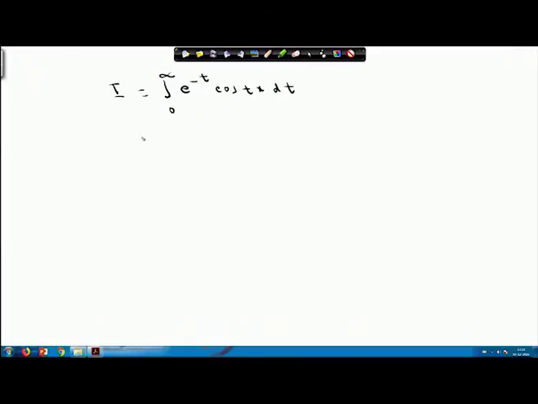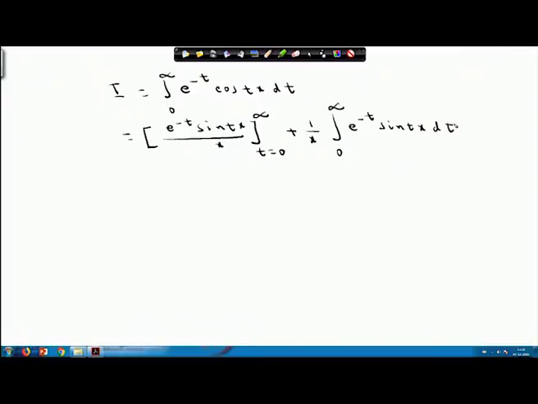Now you can use integration by parts to evaluate the integral. The first term will be e power minus t into sin(tx) by x, where t varies from 0 to infinity, plus 1 by x integral 0 to infinity e power minus t into sin(tx) dt.